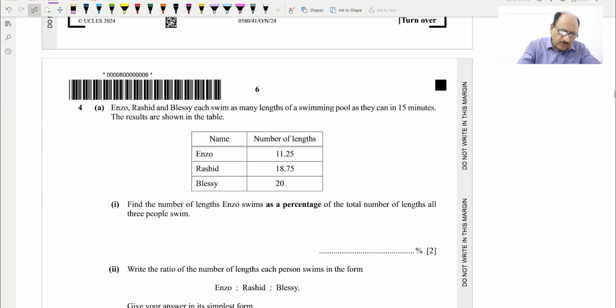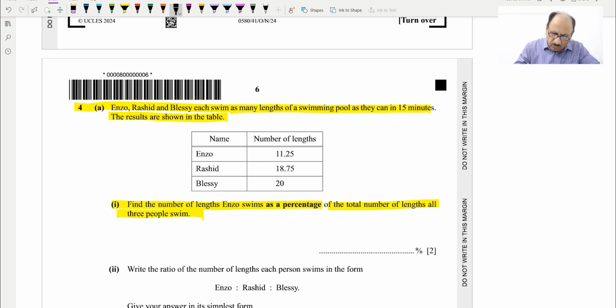Question number 4 says Enzo, Rashid and Balse each swim as many lengths of a swimming pool as they can in 15 minutes. The results are shown in the table, and they are saying find the number of lengths Enzo swims as a percentage of the total number of lengths all the 3 people swim.